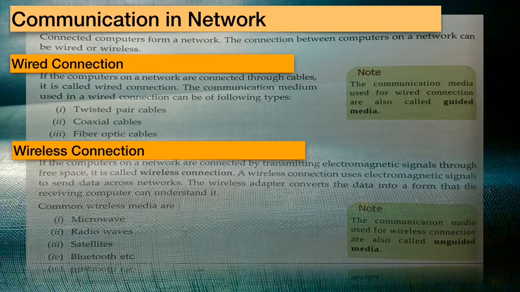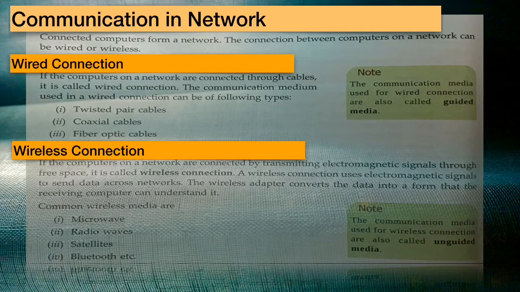If the computers on a network are connected by transmitting electronic signals through free space, it is called a wireless connection. A wireless connection uses electromagnetic signals to send data across the network. The wireless adapter converts the data into a form that the receiving computer can understand.